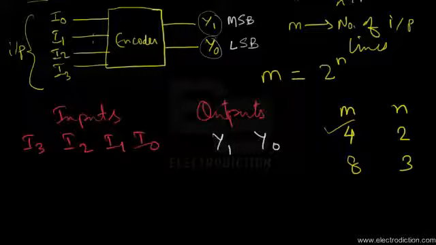The selection of the lines is brought about by applying a logic 1 signal to the respective line that we want to select. So if I want to select line I0, I would provide a logic high signal at I0. Here I put 1, so I0 is set at logic 1 state.